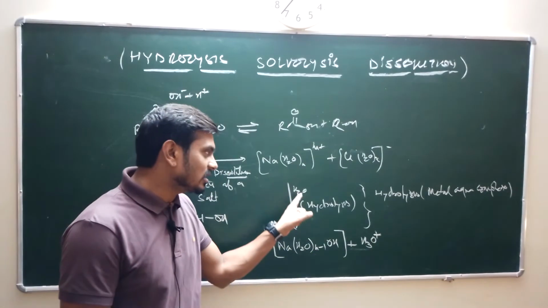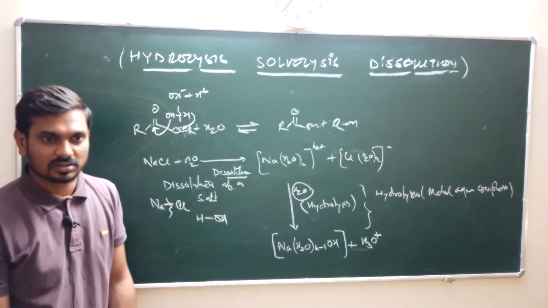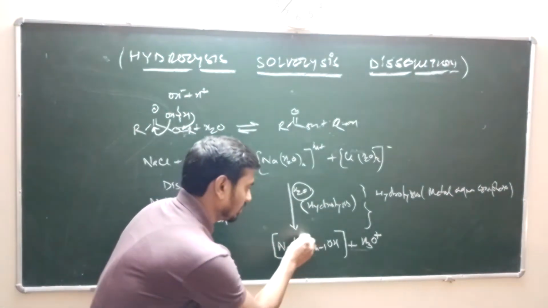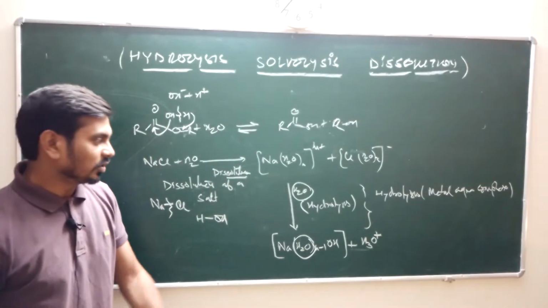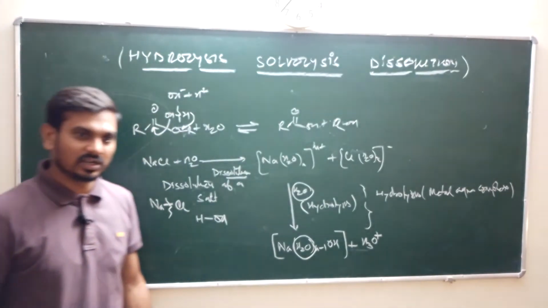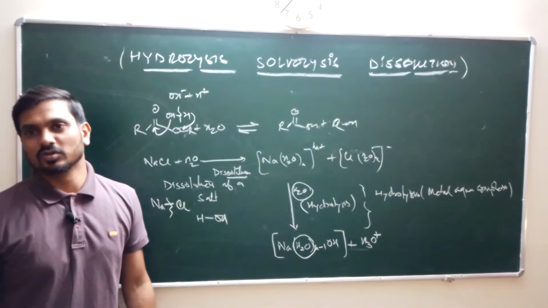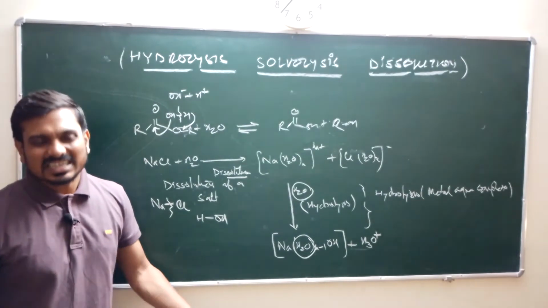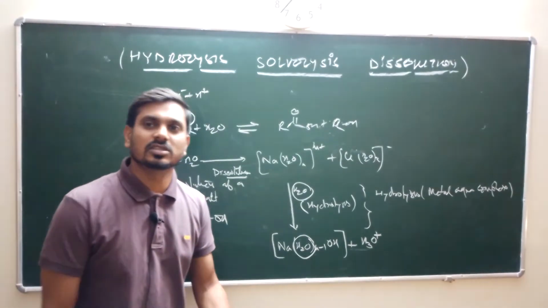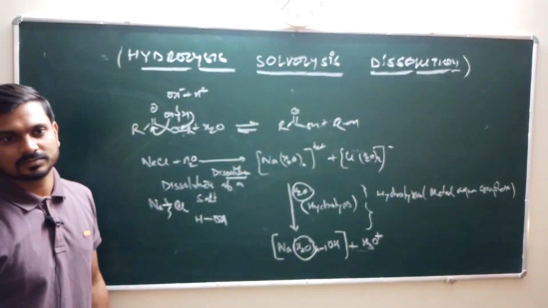So here the breaking down of this water molecule is happening. Whether this is breaking down or this is breaking down exactly could be found out by isotopic labeling, but here there is a breaking down of water molecules. So it seems necessary that in a hydrolysis process, the water itself has to be broken down into two parts.